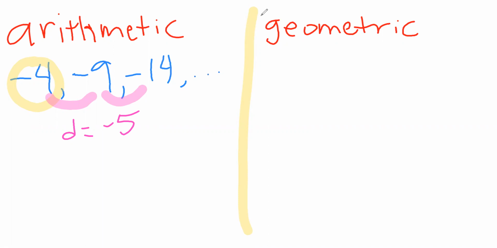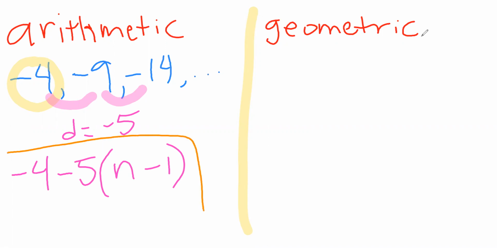So we can write our equation. We'd say, okay, we have the first term at -4 minus 5 times n minus 1. That would be our equation. And there's a couple ways you can use this.